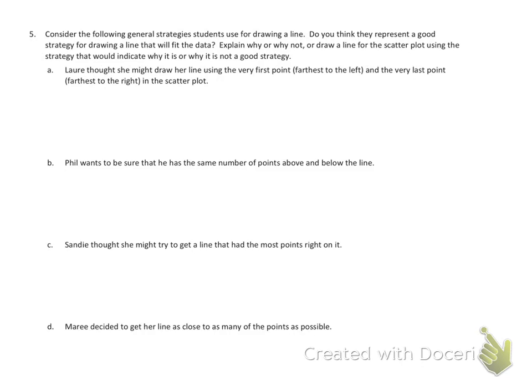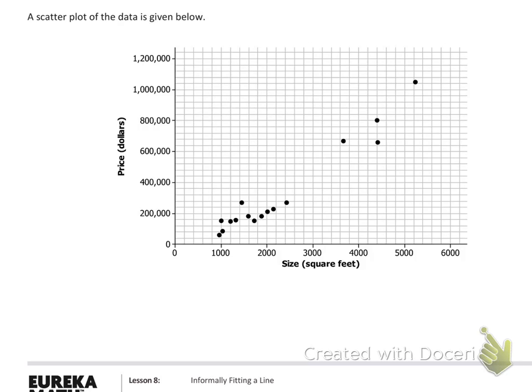Okay, so let's look at these together. Lare thought she might draw her line using the very first point and the very last point in the scatter plot. So let's try that and see if we think that is a good idea. I would be connecting this point to that point, pretty much.